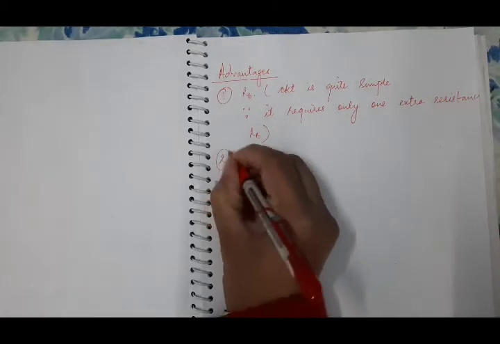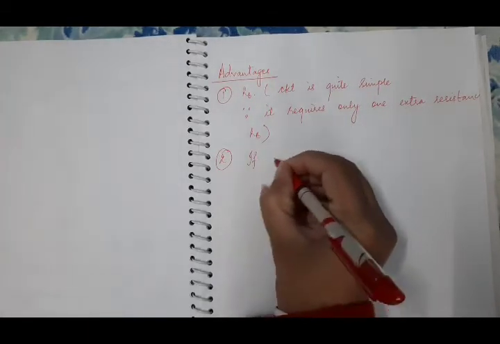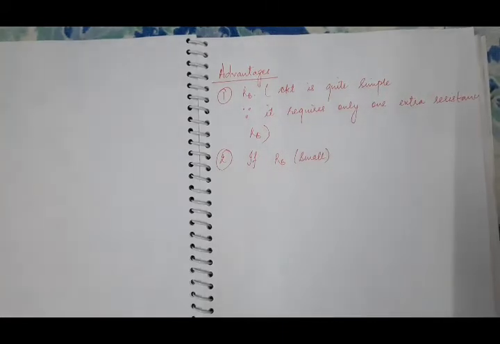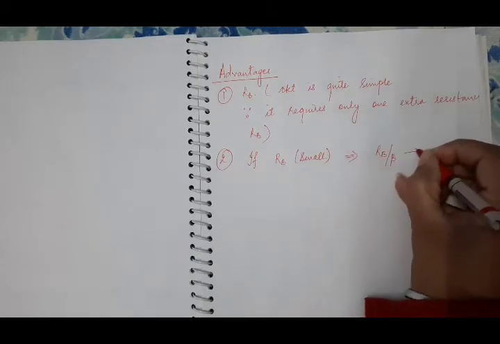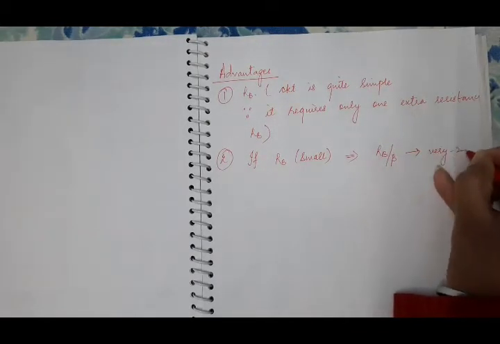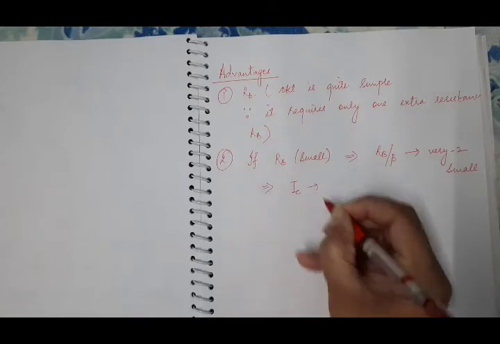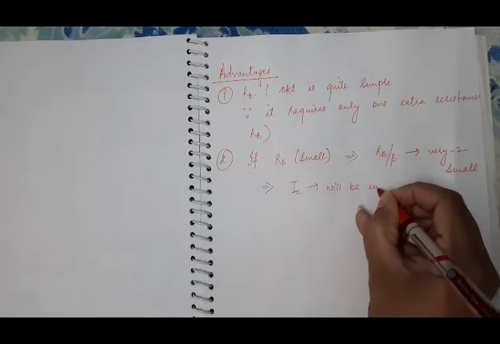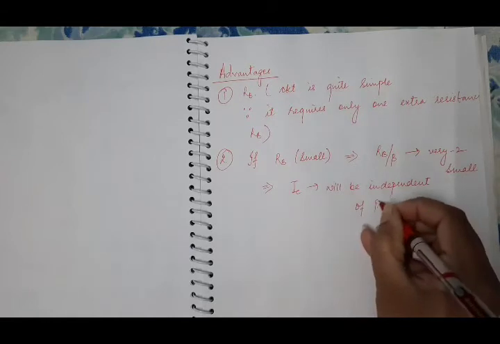Then the second advantage is, if you make RB small, then this RB by beta term will be very, very small, which implies your IC will be independent of beta.